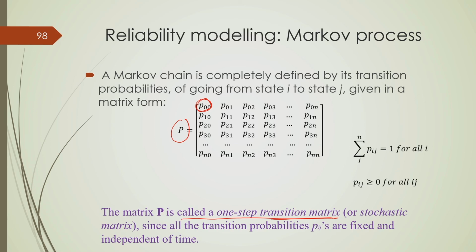Okay. Similarly, P01 represents the transition probability to state 1 provided that it was at state 0 before, and so on. Okay. And the sum of P_ij over j equal to 1 to n is equal to 1 for all i.